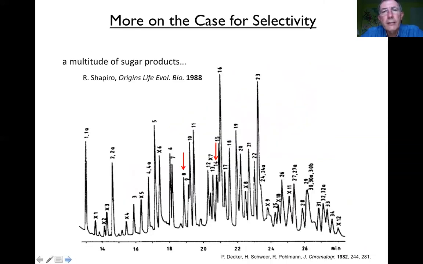And more on the case of selectivity, you really need to produce just the right monomers. You cannot produce a whole bunch of others. This is the problem with sugar products. If you do it the way Stanley Miller did it in the Miller-Urey experiment, yes, you get the right sugars that you need. There they are with the red arrows, but you get a whole bunch of others. It's a big mess.